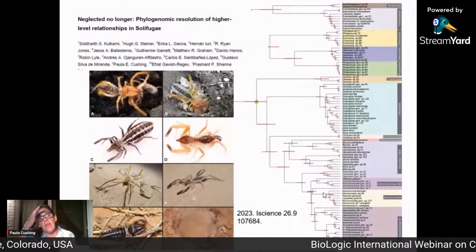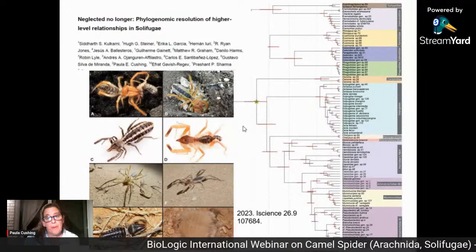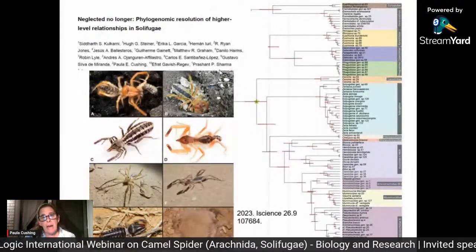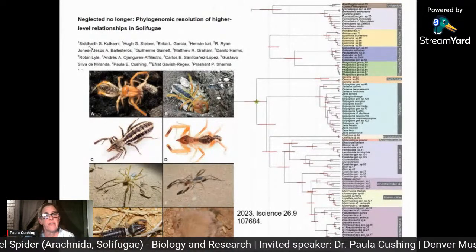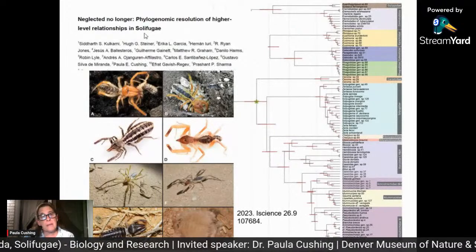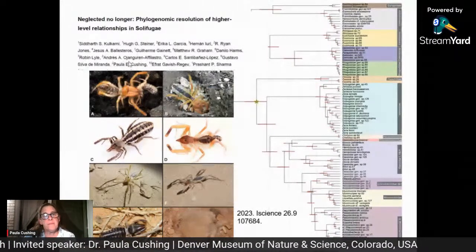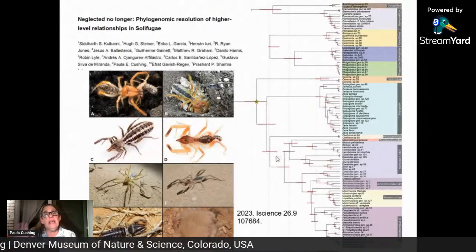lay eggs. What I'm showing you in this slide is this very exciting paper that just came out this year, and it was led by the lab of my colleague Prashant Sharma and his PhD student Siddharth Kulkarni. And you can see many of these names that I've mentioned, like mine and Erica's and Ryan's names, my students' names, in this paper.